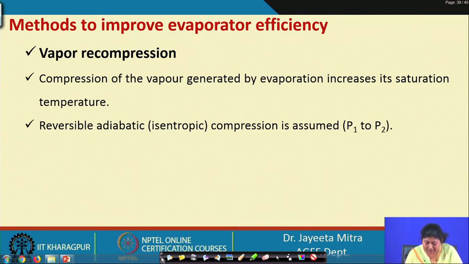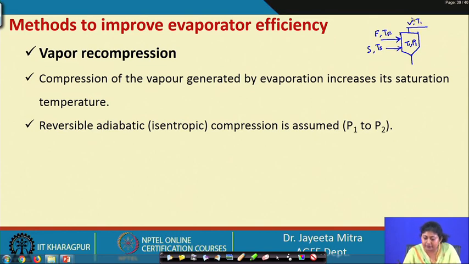So, if we want to draw this, if we take a single effect evaporator, this is steam entering at Ts temperature and this is feed at Tf, and here it is T1 temperature, P1 pressure and the vapor V which is coming out at T1.